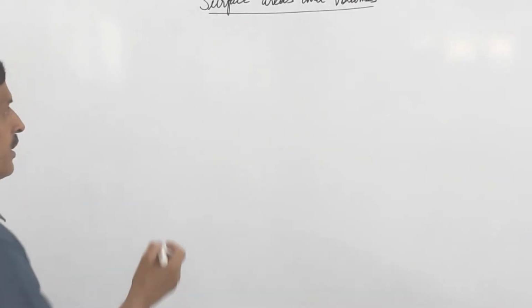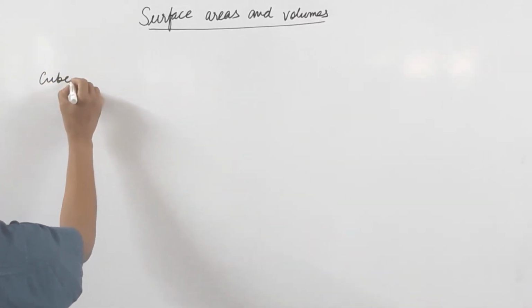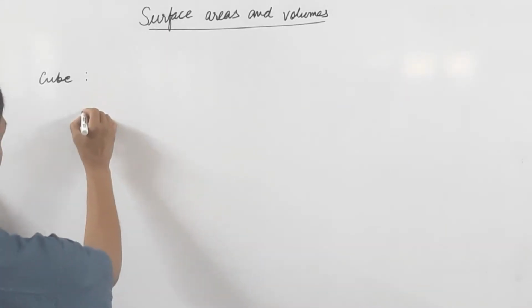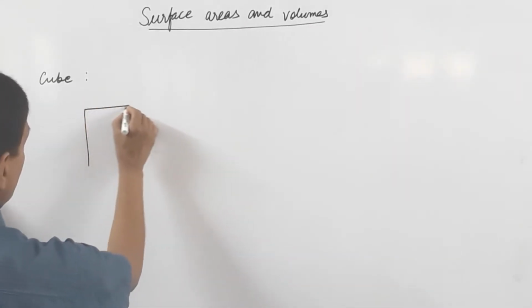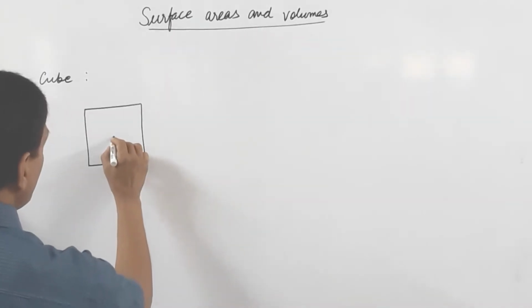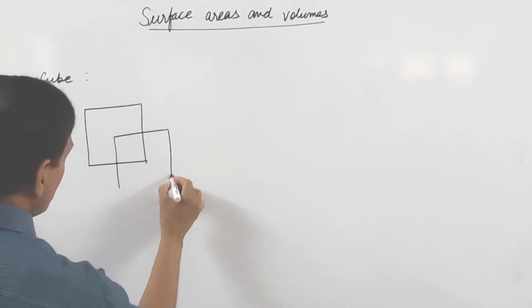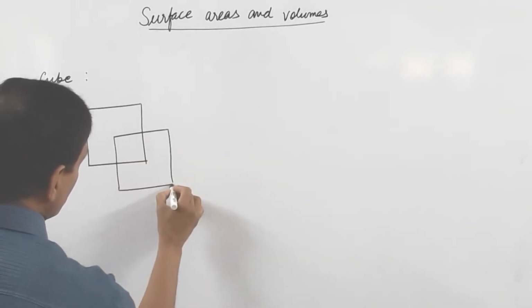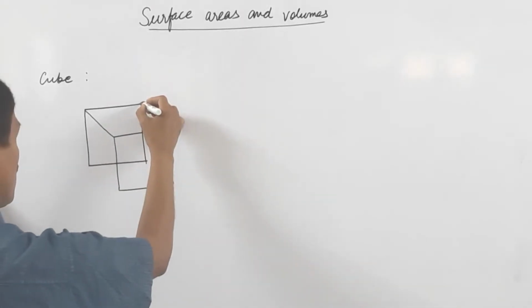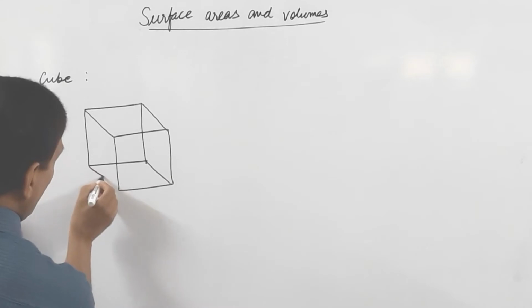The next solid is cube. In cube, all the six faces are squares and also equal.